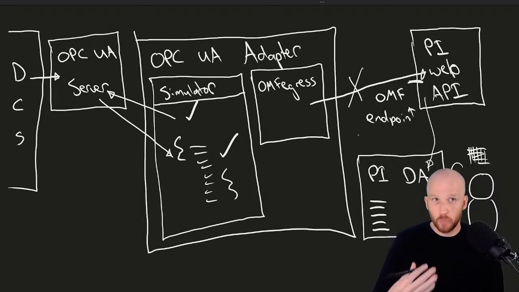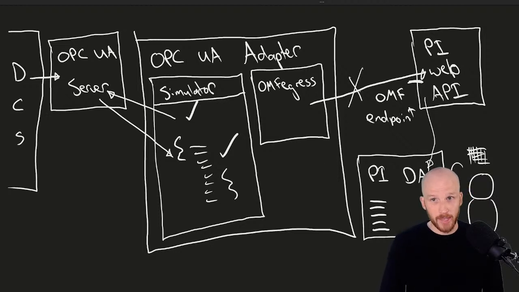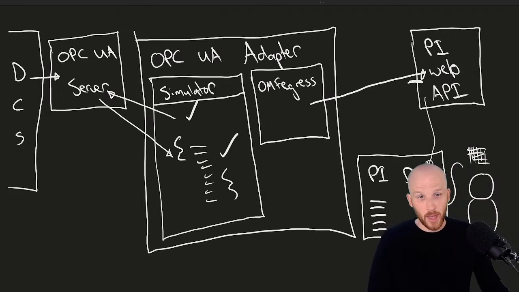So buffering is already configured. You don't need to configure it like interfaces after the fact. It's already there. Okay. So I'm pretty happy with this. And we've got our data.